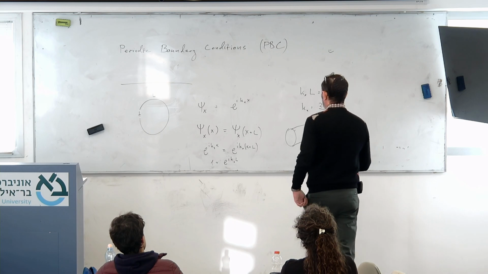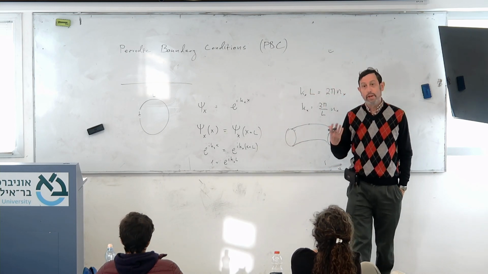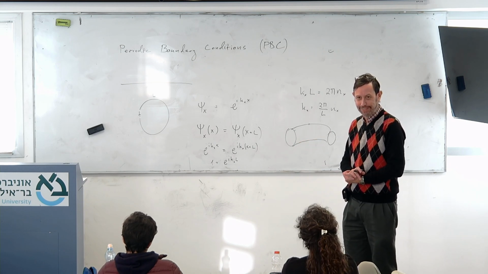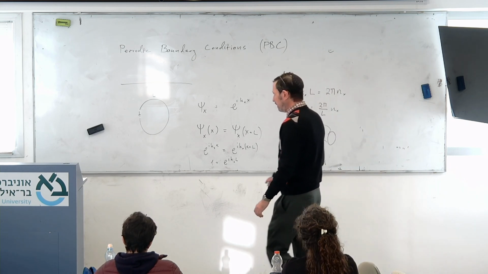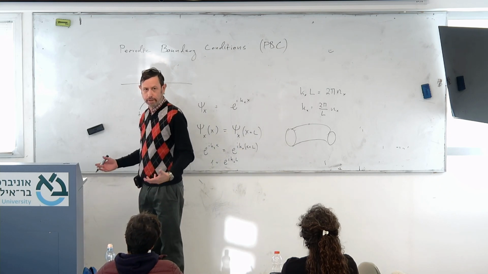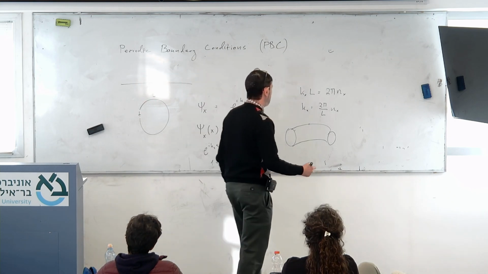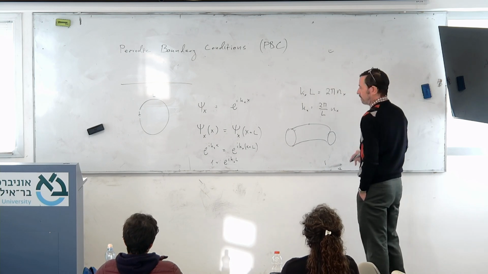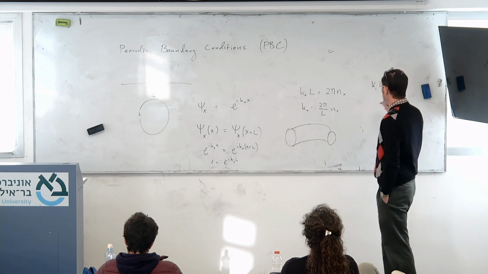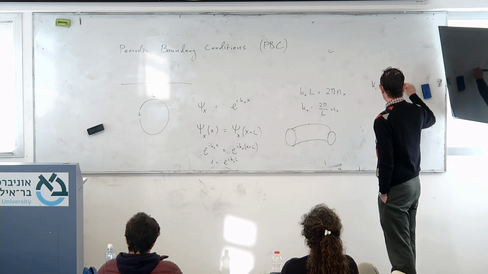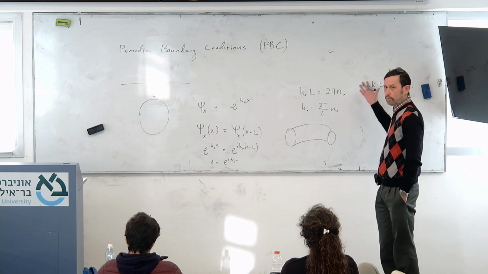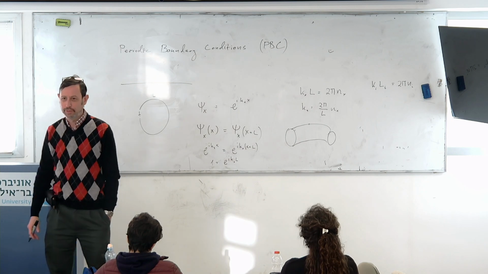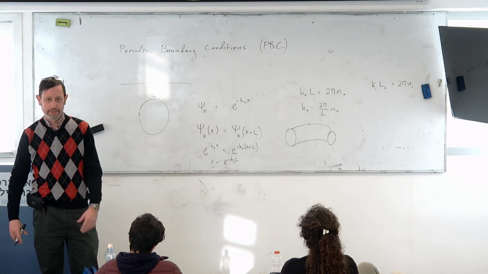Actually, I can require this boundary condition for any dimension. I just can't plot it, show it on the plane. So basically, periodic boundary condition in any dimension tells you that Ki times Li has to be 2 pi times Ni. X, Y, Z, W, V, whatever you want to name your d-dimensional space.